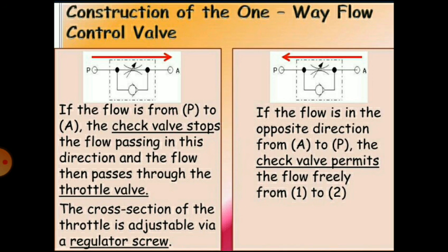The cross section of the throttle is adjustable via a regulator screw. In the reverse direction, if the flow is in the opposite direction from A to P, the check valve permits the flow freely from 1 to 2.